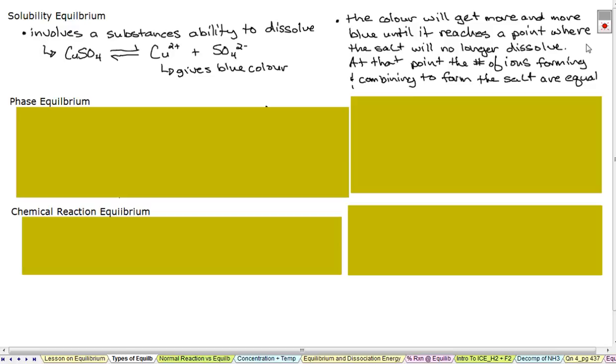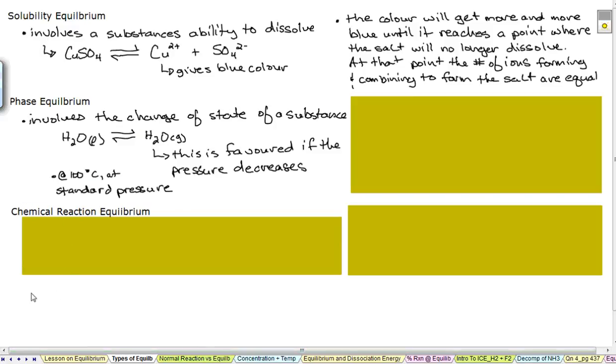All salts hit a point where the solution becomes so saturated, or their solubility is such that you can't dissolve any more salt into the solution. At that point, the number of ions forming from the salt and the number of ions recombining to form the salt again are equal, and at that point we have our equilibrium. Now, of course, for most salts that doesn't happen right away.